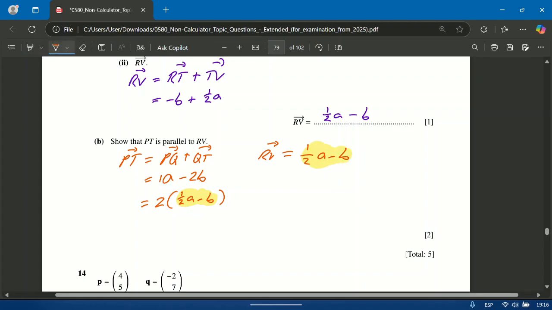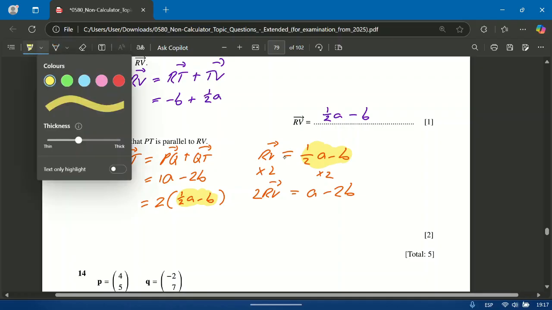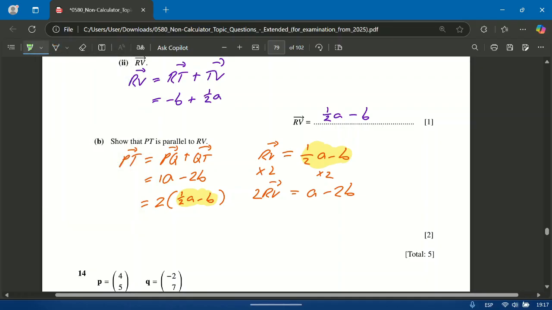That means it's parallel. Or we can multiply this vector by 2. So that means 2RV, 2 times a half is A, 2 times 1 is 1A, and 2 times minus B is minus 2B. And now they're the same as well. Yeah? Now, I've done this the other way around. PT is A minus 2B, and 2RV is A minus 2B.